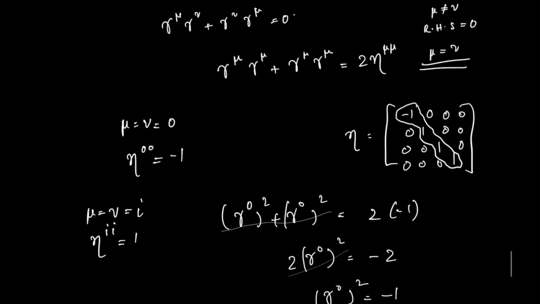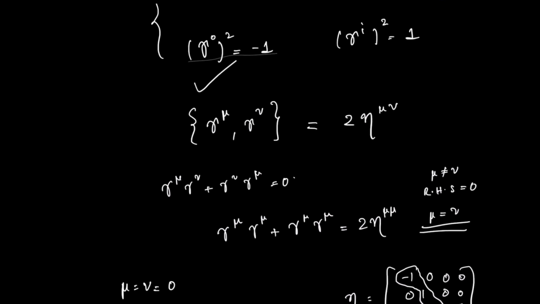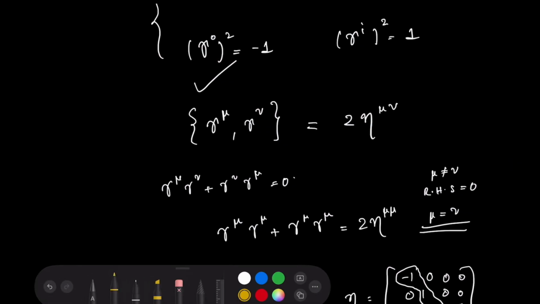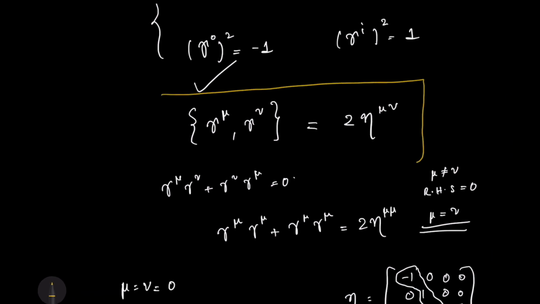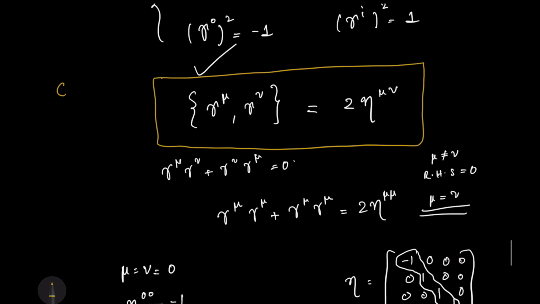So in general, I can represent it by the anti-commutator, gamma mu gamma nu is equal to 2 eta mu nu. So any set of gamma mu satisfying this anti-commutator equation is called a representation of Clifford algebra.